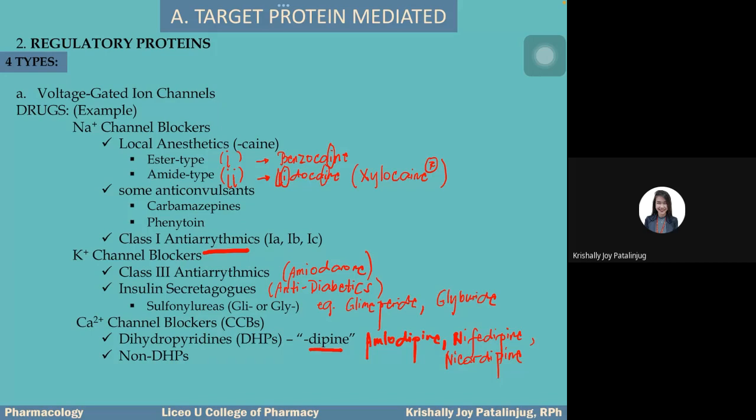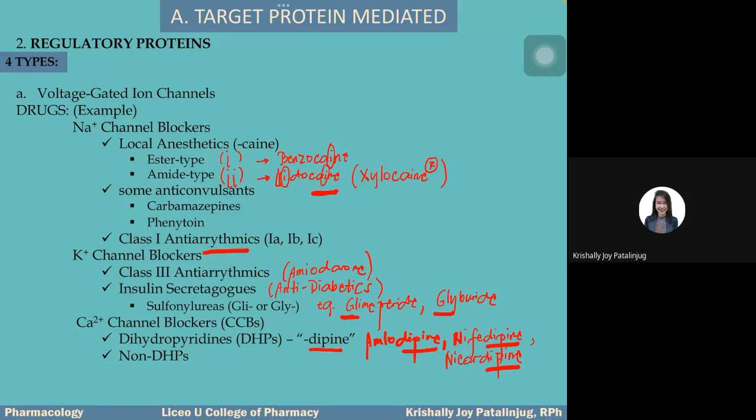Okay, and the other dipines, those are CCBs. So if you encounter questions and you are asked to identify if they are protein targeting, just do not forget their suffixes. Those ending in dipines, ending in cane, with a prefix gly, those are protein targeting.